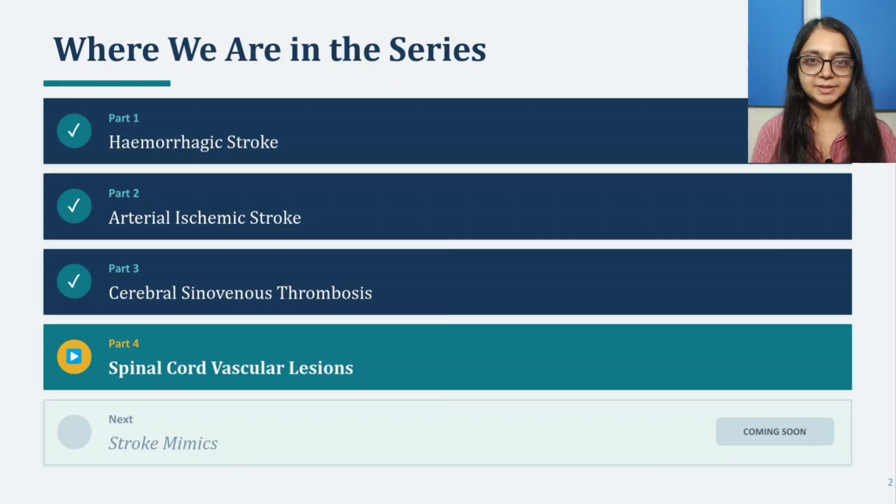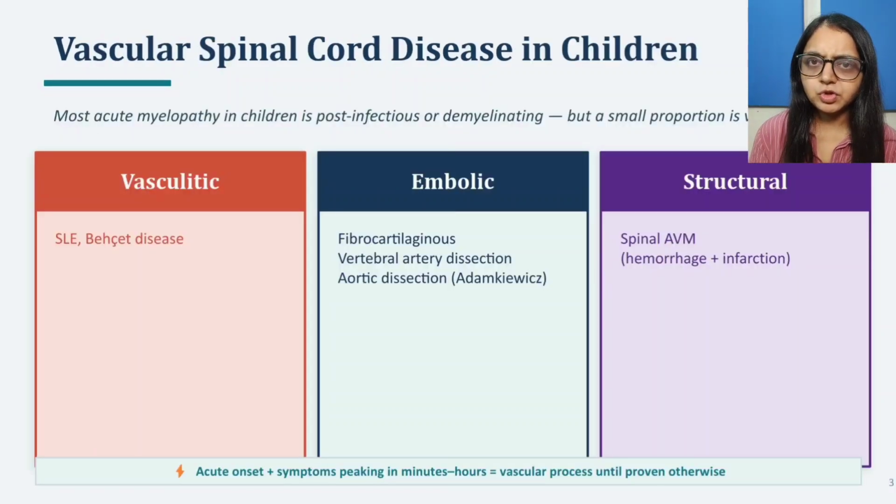Let's get into it. When we talk about stroke in children, we tend to focus on the brain. But the spinal cord has its own blood supply, and vascular events can happen here too. Most children who present with acute spinal cord symptoms, sudden weakness in the legs, sensory changes, urinary problems, turn out to have transverse myelitis, which is usually post-infectious or linked to demyelinating conditions like multiple sclerosis or neuromyelitis optica.